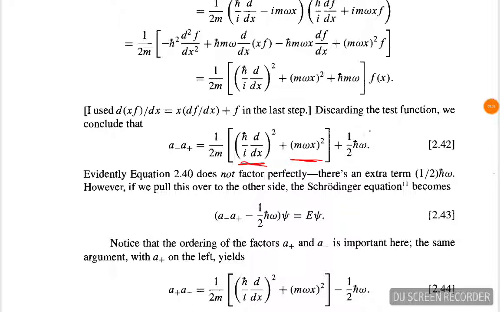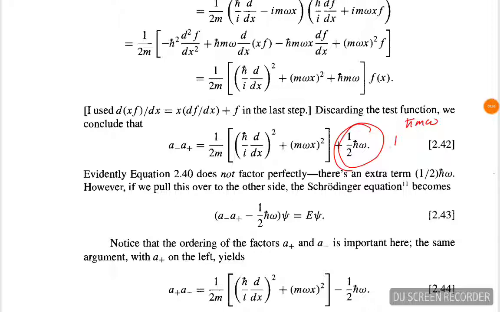And then what I get out in front, what I get out from it all, if I factor out that 1 over 2m, what I'm going to get out of that is a 1/2 h bar omega. So I had h bar m omega.